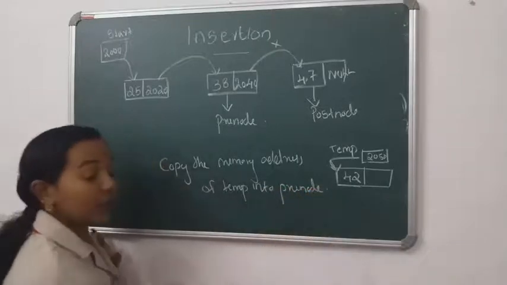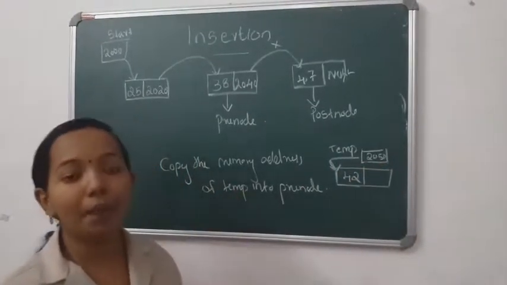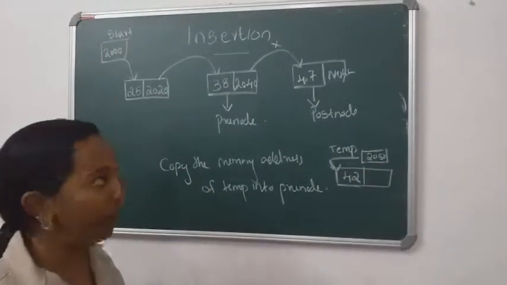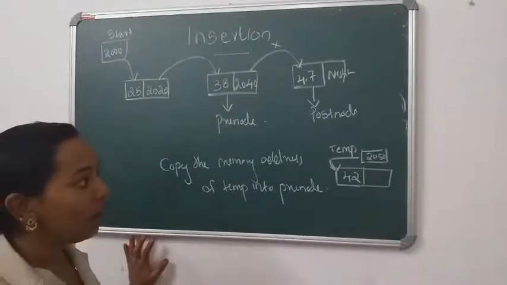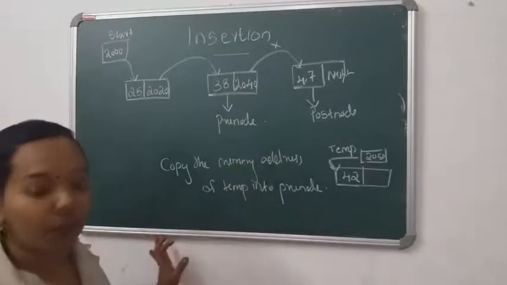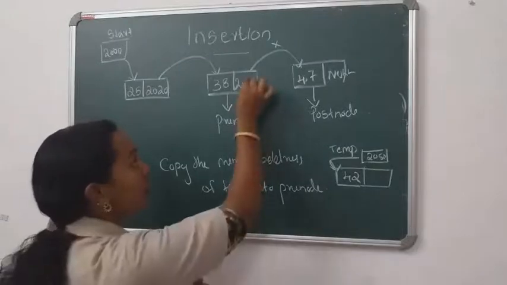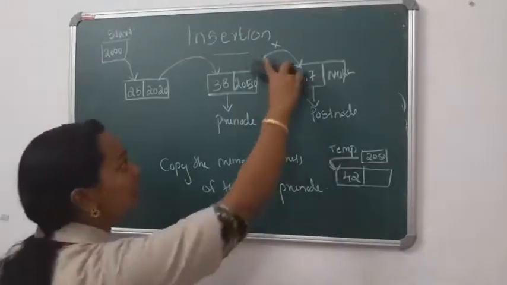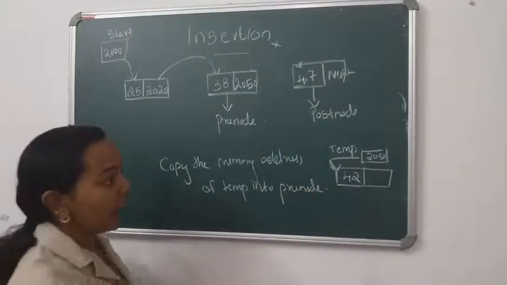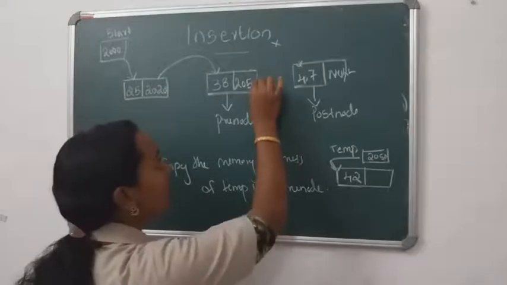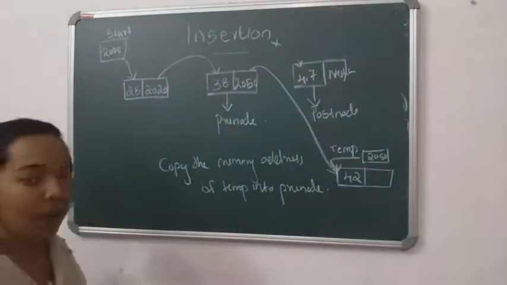That is our first step: copy the pointer part or memory address of temp into the link part of pre-node. That is our first activity. So instead of 2040, I am going to write 2050. If I write 2050, automatically this connection will break and automatically it will point to temp.